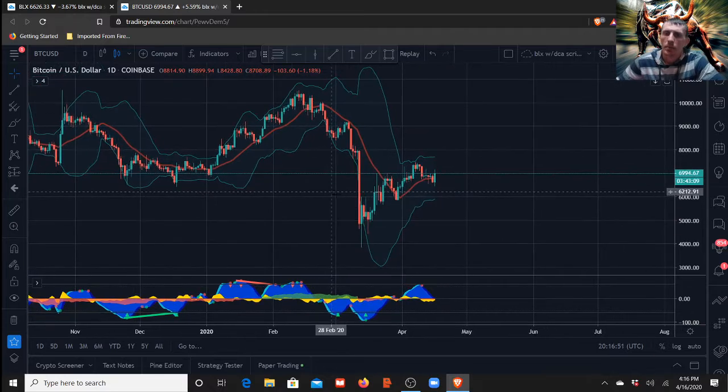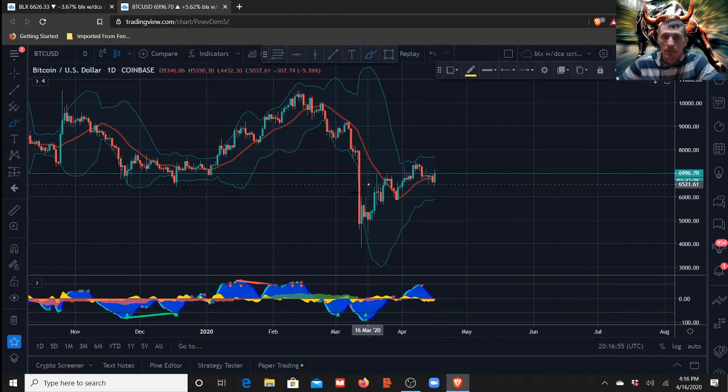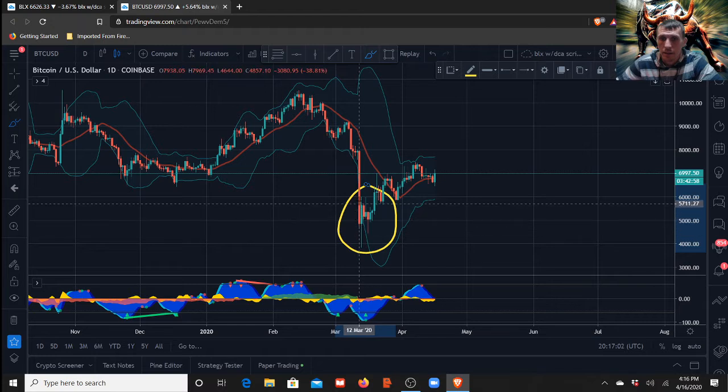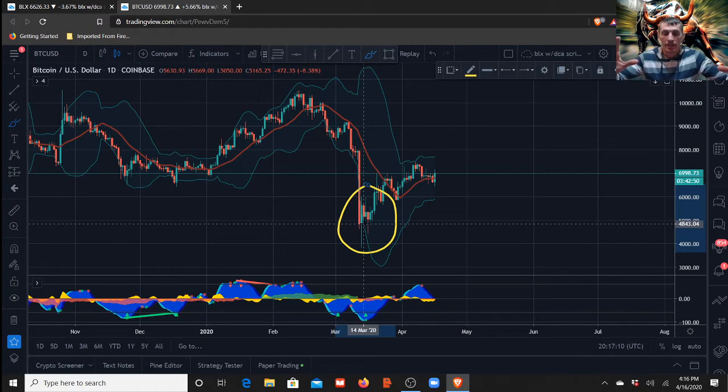Another good double bottom would have been right here. This was a classic double bottom for a Bollinger Band. We came outside of the band, ended up coming back in, came outside the band, and then closed outside of the band. So that right there would have hit the light on and said, all right, it's time to start watching this.